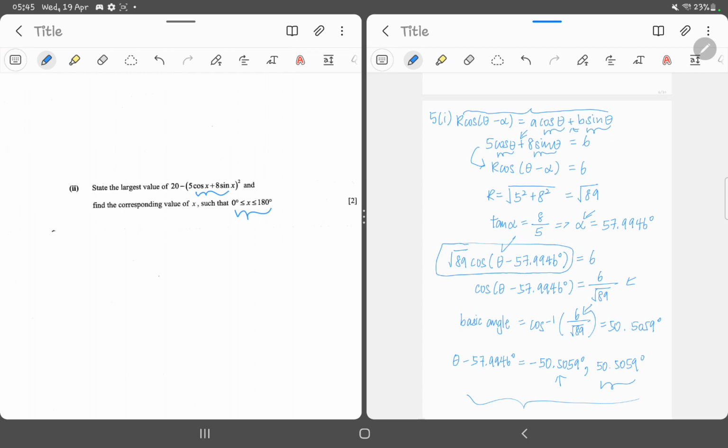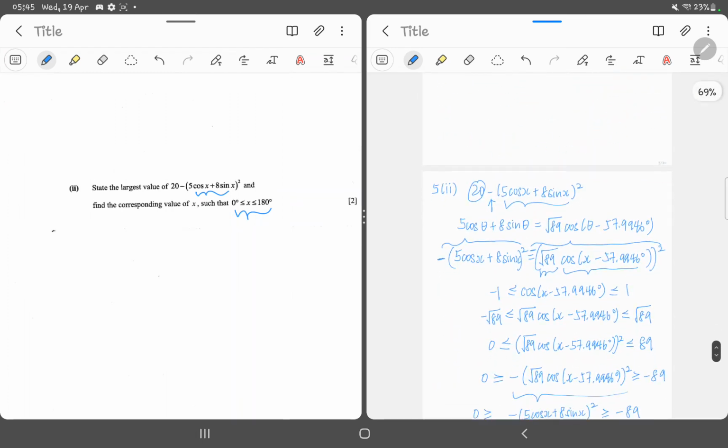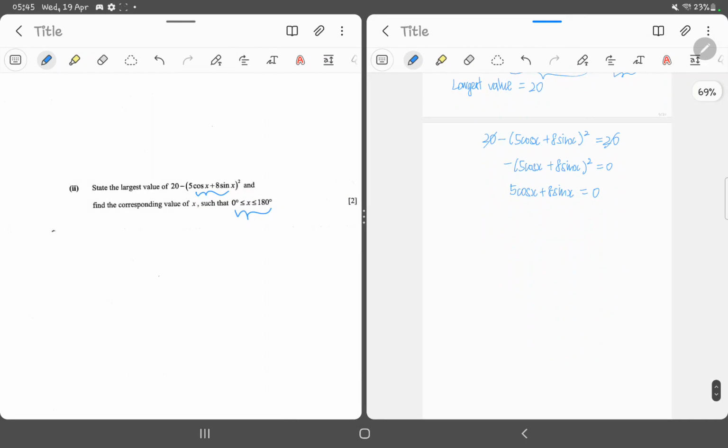But just that I replaced the theta with x.